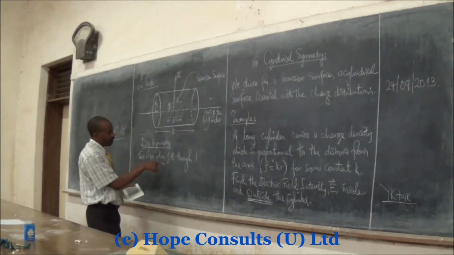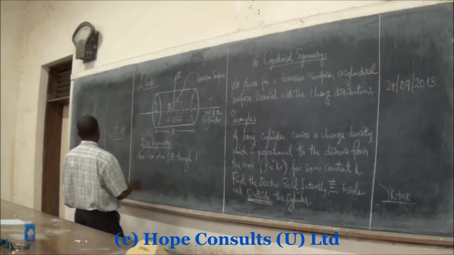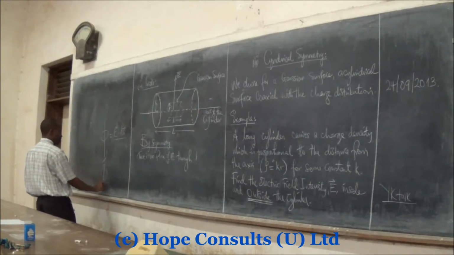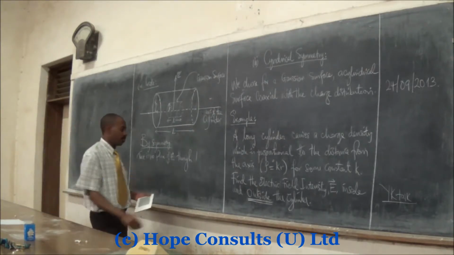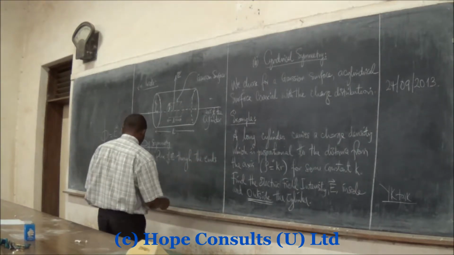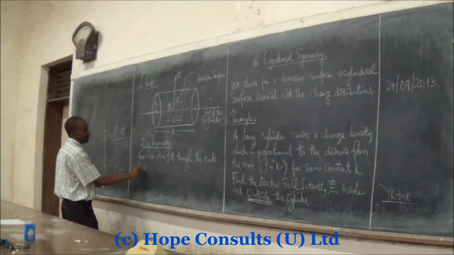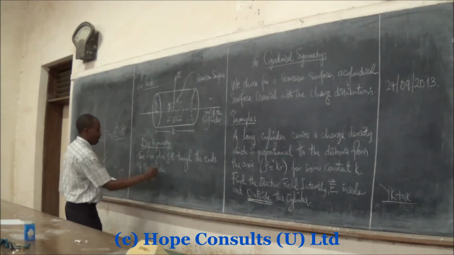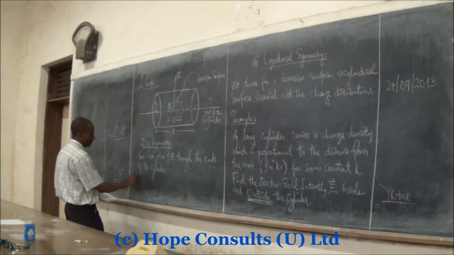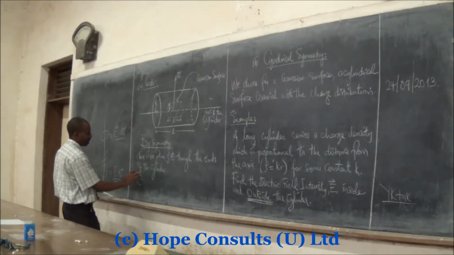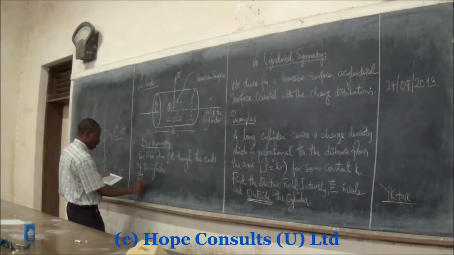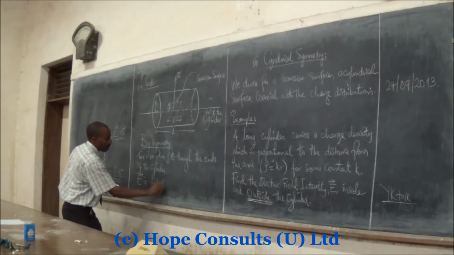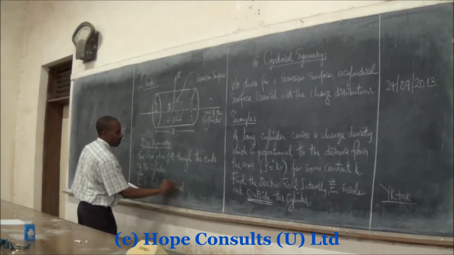So the flux of E through the ends of the cylinder is zero. So E is basically radially outward.